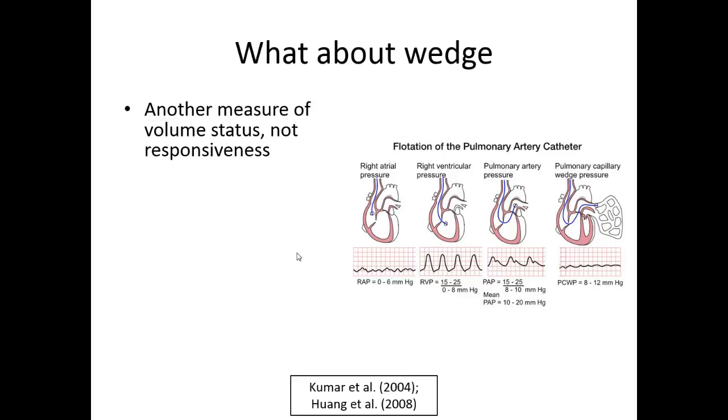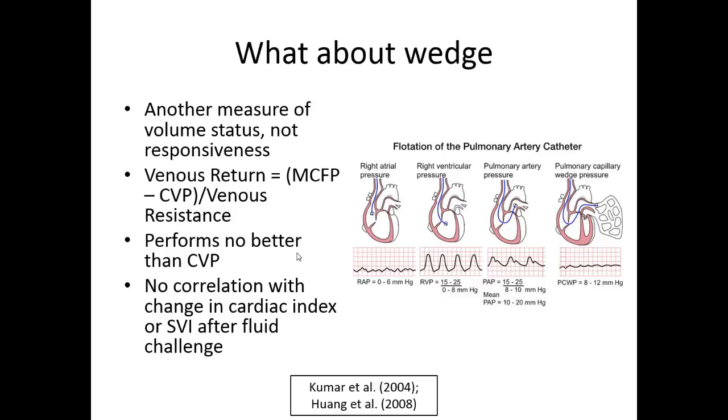But it's still subject to the same kind of physiologic limitations, where that's the pressure that returning blood pushes against. So there were a couple of big studies where CVP and wedge actually had zero correlation with fluid responsiveness.